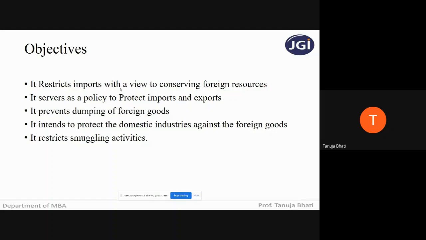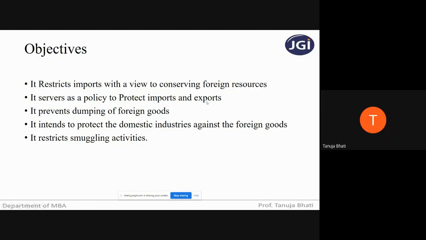So people will stop importing and will opt for Indian goods. So it restricts imports. If the customs duty on imports is very high on particular goods, people will hesitate to import them and will go for goods produced in India. So the main objective of levying customs duty is to restrict imports with a view to conserve foreign resources.